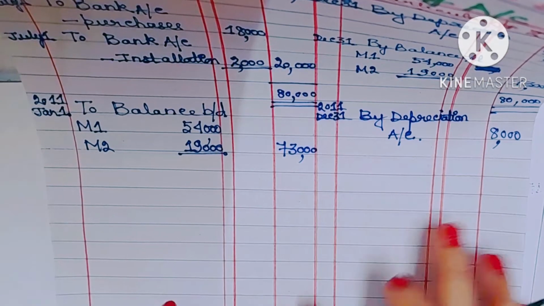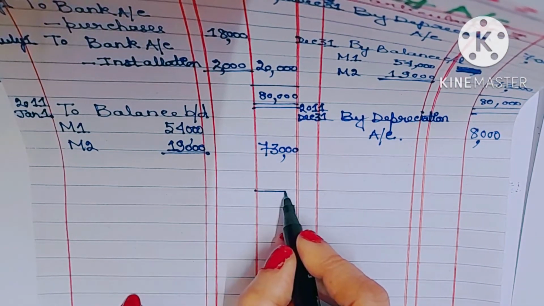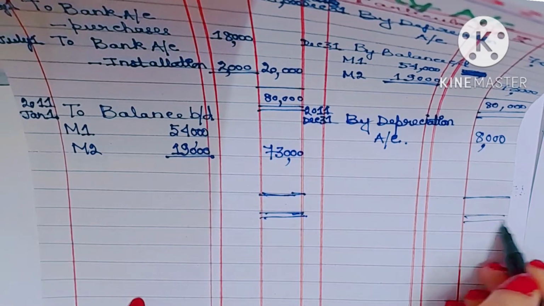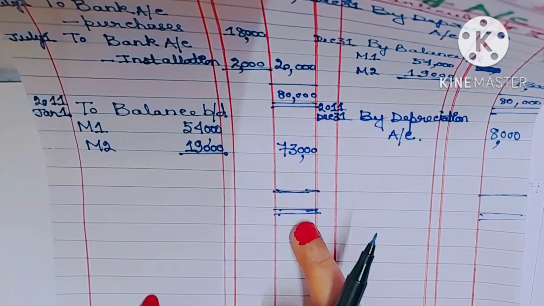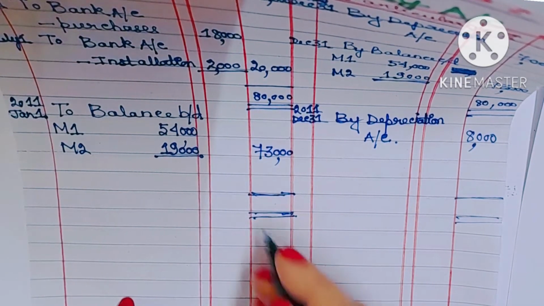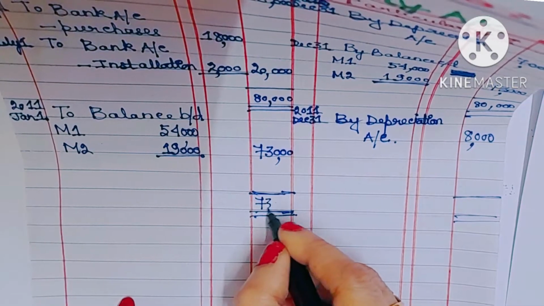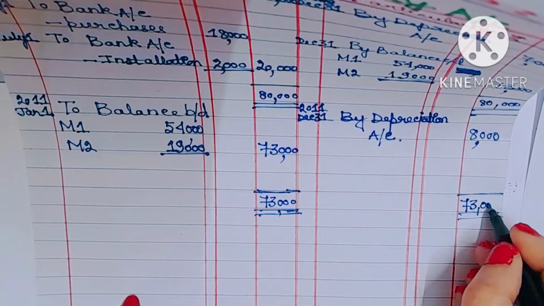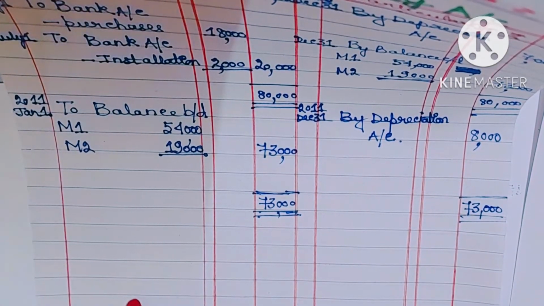Let's close the second year. Which side is greater? Obviously, the debit side. The credit side is only 8,000. So we'll write 73,000 on both sides, because this is the rule.